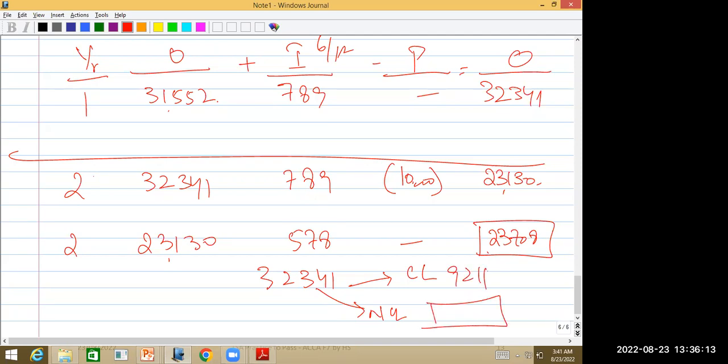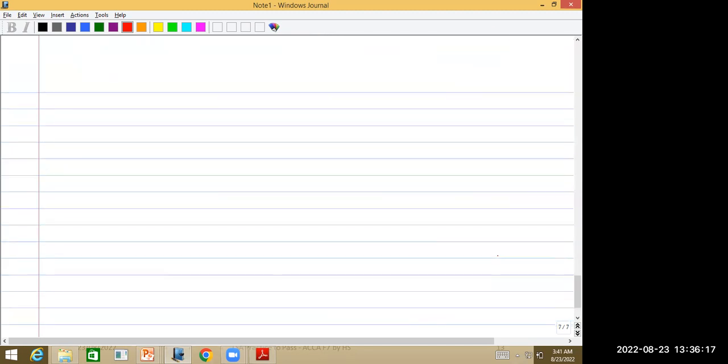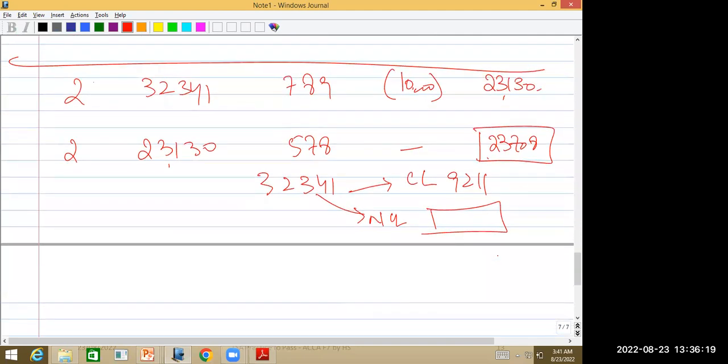Non-current liability will be the difference between 32341 and 2, 3, 1, 3, 0.